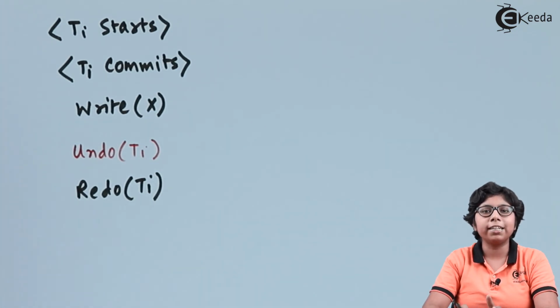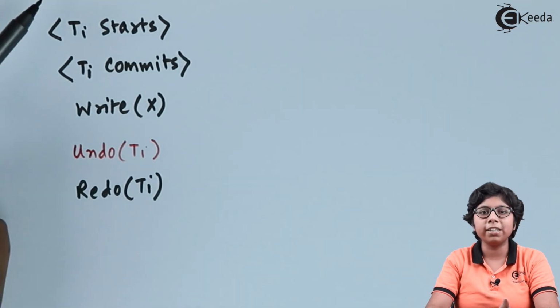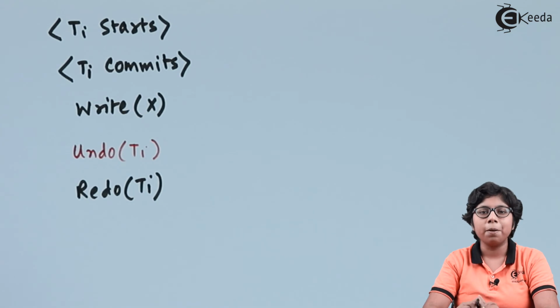Then undo Ti should be performed on all the data, that is, set back to the old value. And if the log contains both the Ti start and the Ti commit records, then the redo Ti operation should be done to set the new modified values.